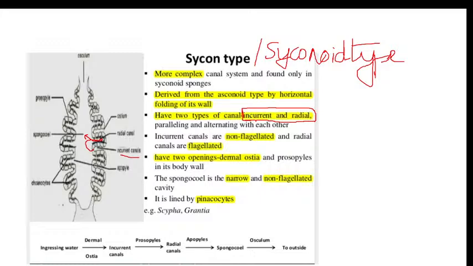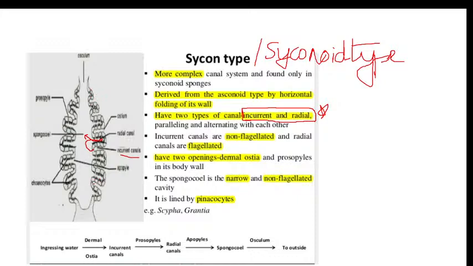Cycanoid type sponge ന്റെ കാര്യം പറയുമ്പോൾ പ്രത്യേകിച്ചും ഓർത്തിരിക്കേണ്ട കാര്യമാണ് this. They have two types. Asconoid simple ആണ്. Cycanoid have two types of canal, and the body wall has a large number of infoldings. ഇല്ലേ, body wall thick ആണ്, അതോടൊപ്പം തന്നെ infoldings ഉണ്ട്.